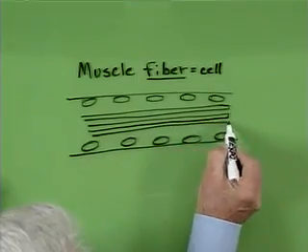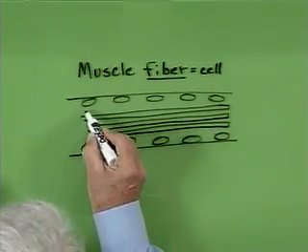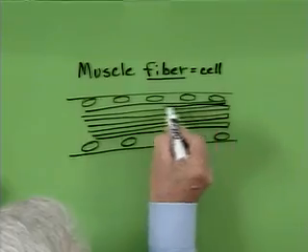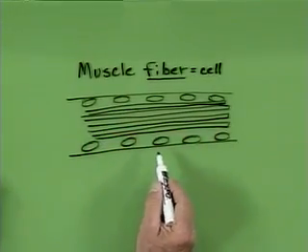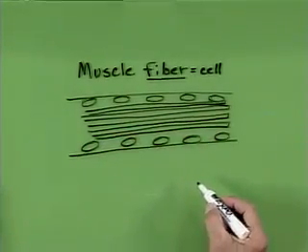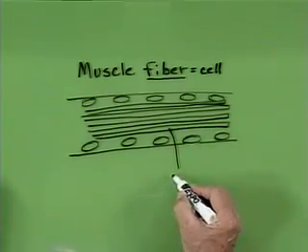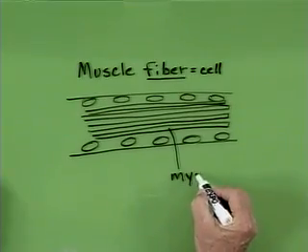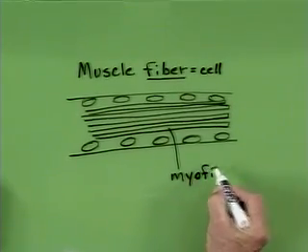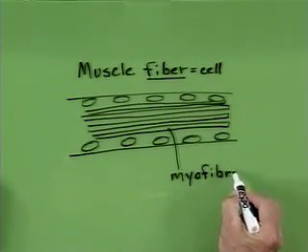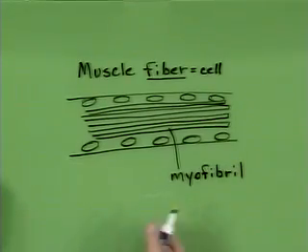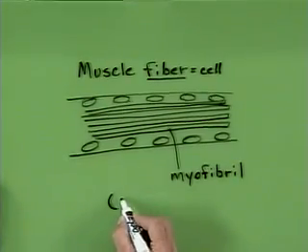They take up most of the cytoplasmic space. And each one of those elongated structures within that muscle cell is called a myofibril. The definition of this word, myofibril, is contractile organelle.